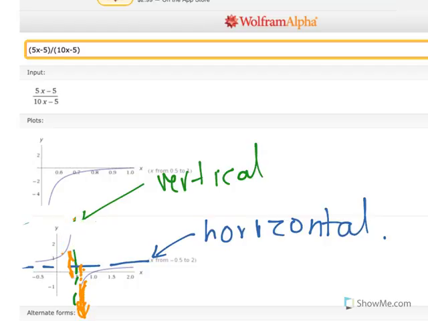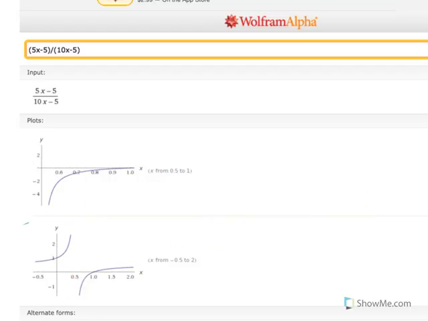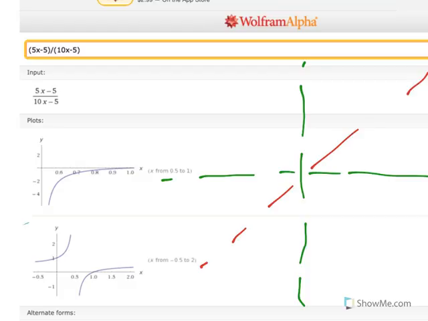Because as you might think, this is not the only way you can have a graph. Let's say that this is our vertical asymptote and this is our horizontal asymptote. You can have more of them, and you can actually have an asymptote that goes like this, but we will not learn about that until later on.